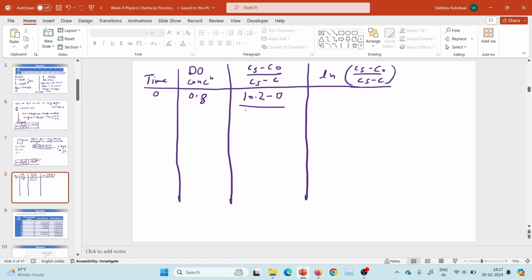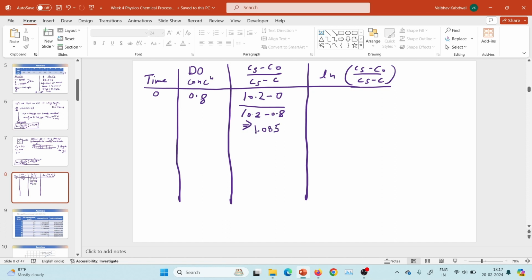10.2 minus 0, divided by 10.2 minus 0.8, is coming as 1.085.